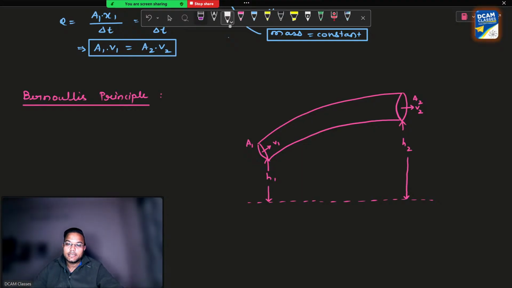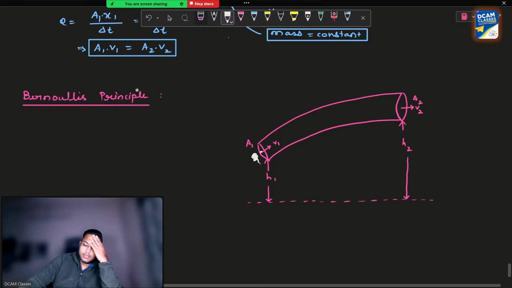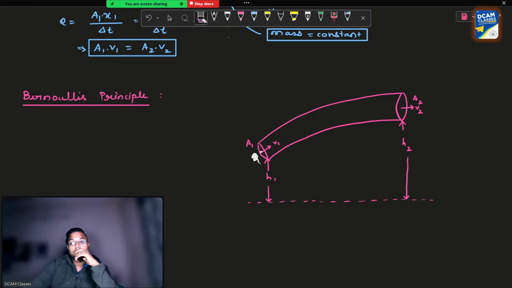Let's think it is closed. Let's assume here pressure is P1 and here the pressure is P2, say.